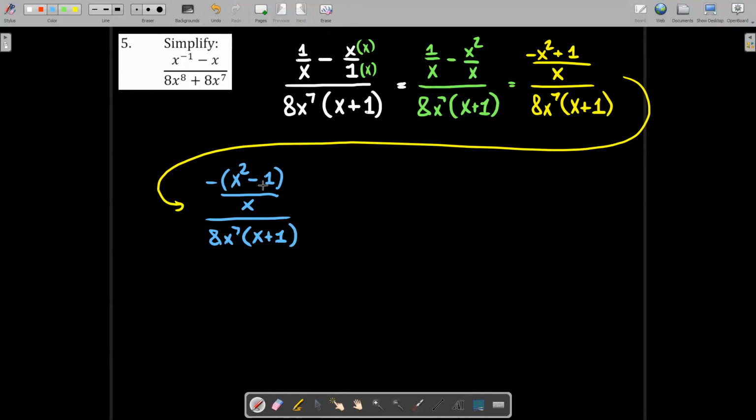Now, I see that I have a difference of squares up here on the top. X squared minus 1 is a difference of squares, so that's actually going to factor. I'm going to keep the negative sign on the outside, but x squared minus 1 is actually x plus 1 times x minus 1. And we're still over x. And now that is about as much as I can do with the top.